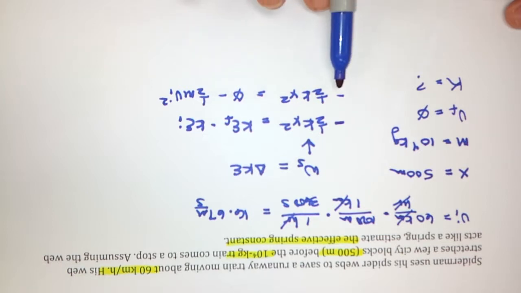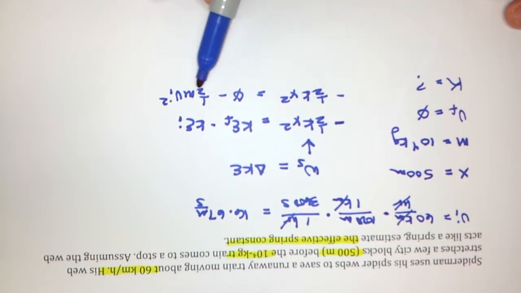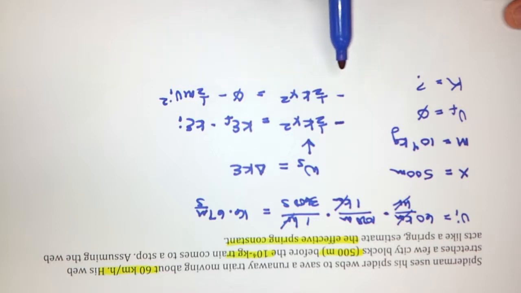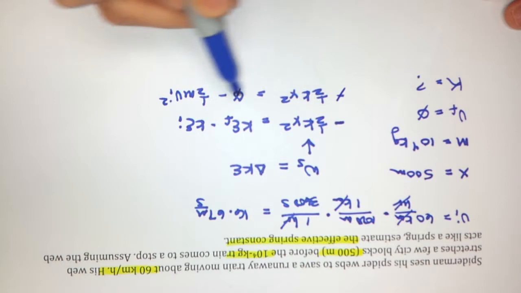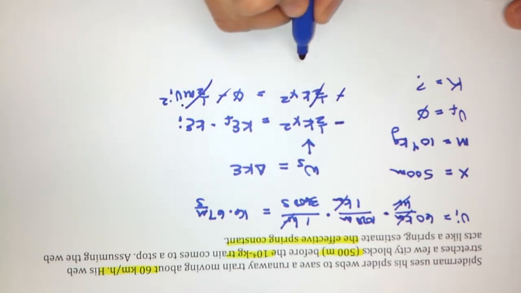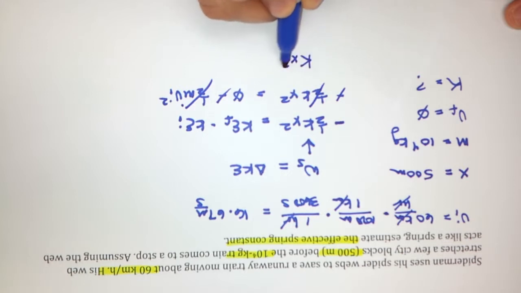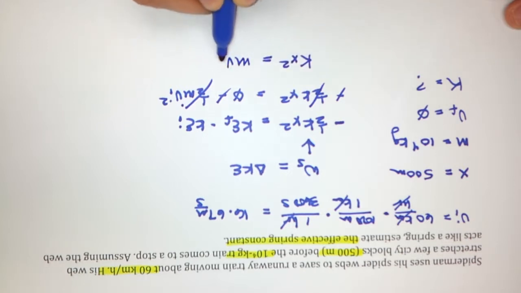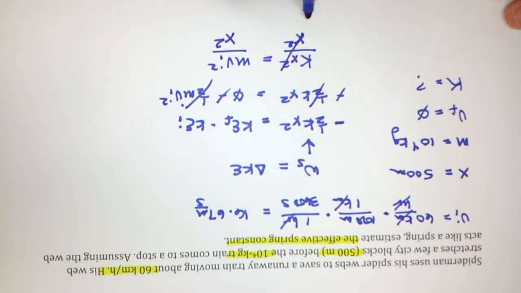So the negatives cancel and the halves cancel, leaving kx squared equals mvi squared. We're looking for k, so we get rid of x squared on that side, leaving k equals mvi squared over x squared.